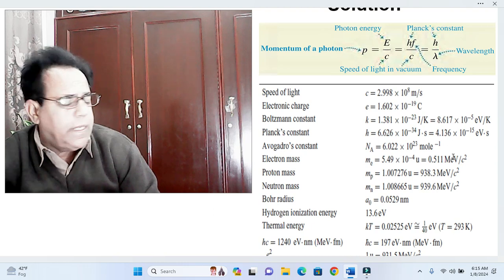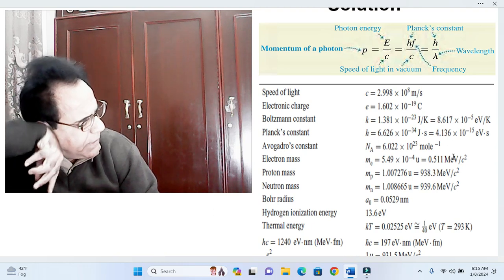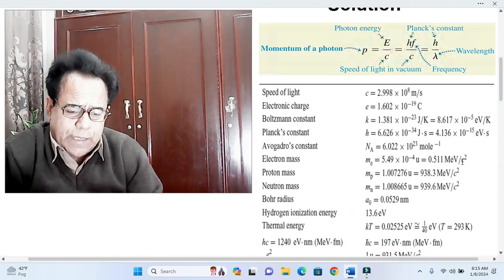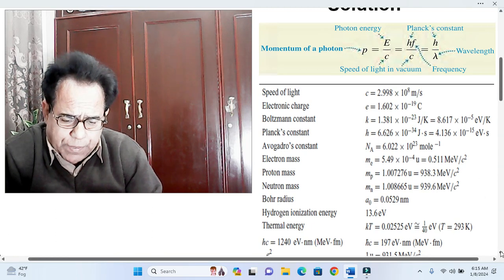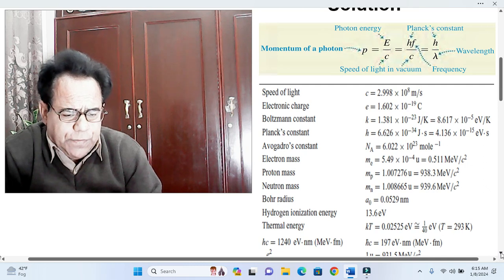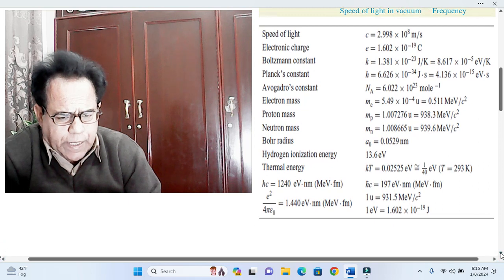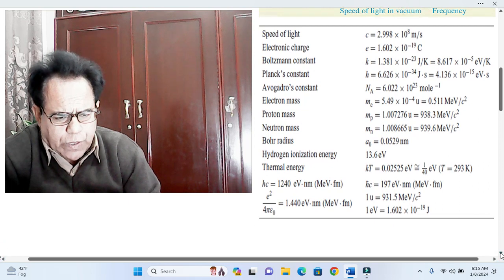The next snapshot is the table of physical constants, in which a large number of physical constants have been given. We will choose that physical constant which will be required for the solution of our problem.